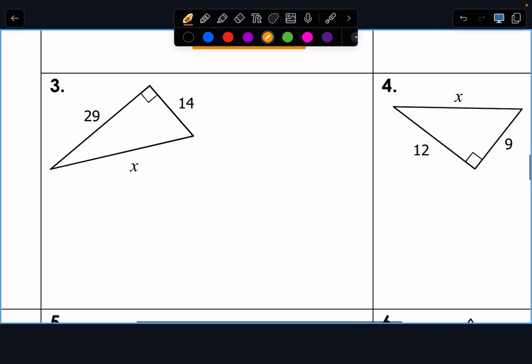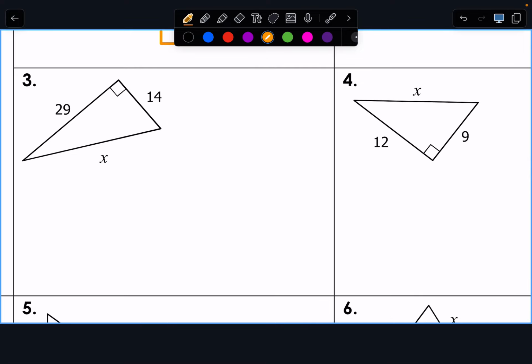All right, so let's do number 3. Number 3, x is again the hypotenuse. So we have 29 squared plus 14 squared equals x squared. Will you please figure out what x equals?